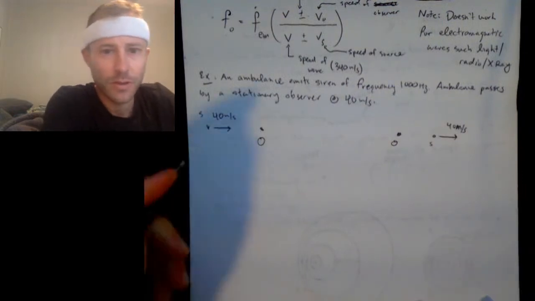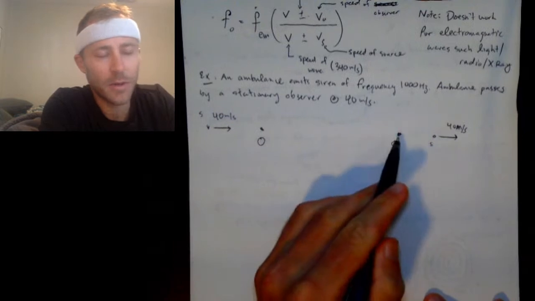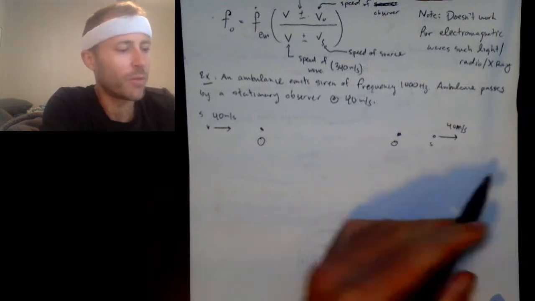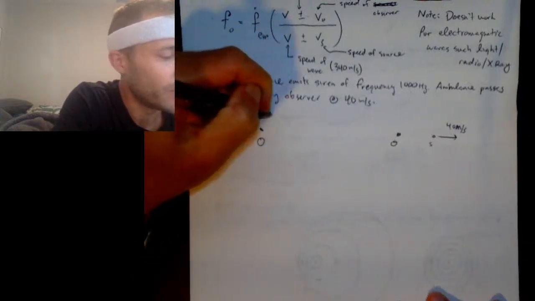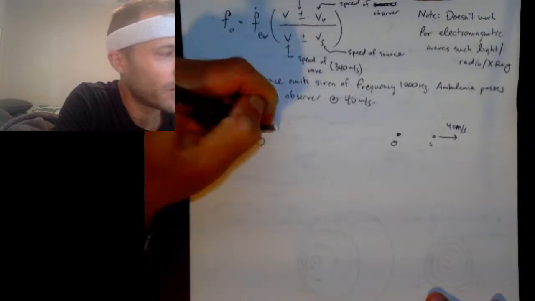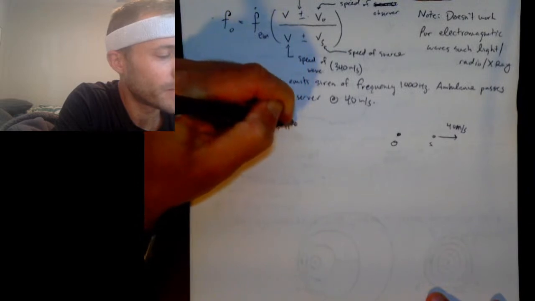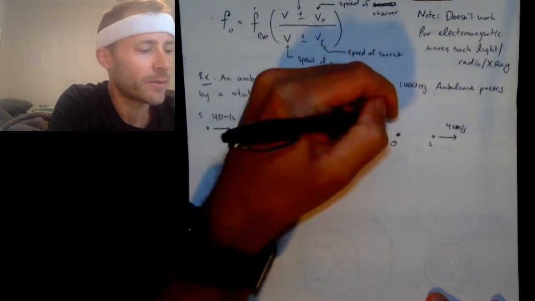So at first, the source is approaching, and then after it passes by, the source is going away. And what we want to do is figure out what is the observed frequency on approach, and what is the observed frequency after.